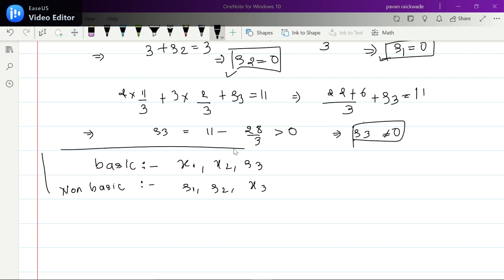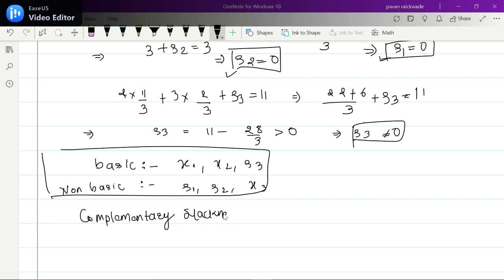Okay, good. So now from here onwards, we will use a very important theorem of duality, which is the complementary slackness property. Complementary slackness, in short, compares the variables of primal and dual. There is in fact a relation between the primal variables and dual variables. Okay, so I will briefly state that relation.